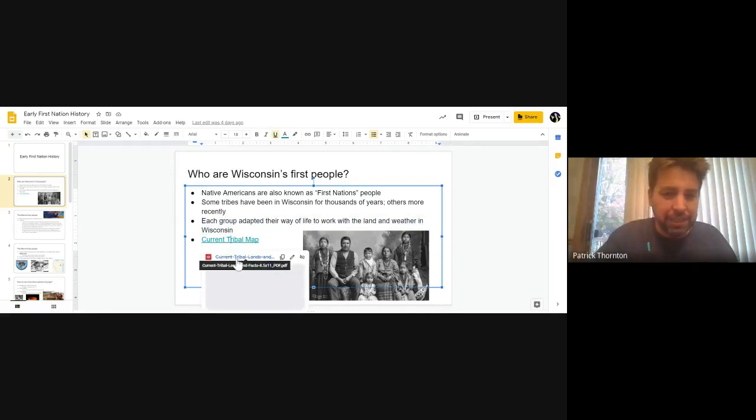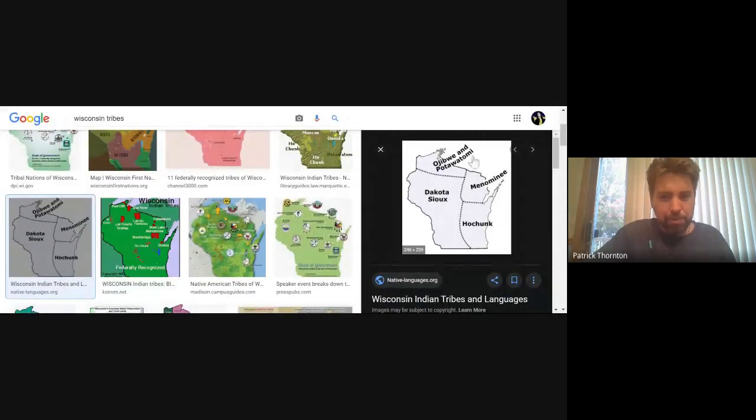We already kind of said, here's our tribal map right now, right? We looked at this the first day. So we can see our tribal map. Let's think about this. How is this map different than this map? You see this map on the right side that I'm pointing to?